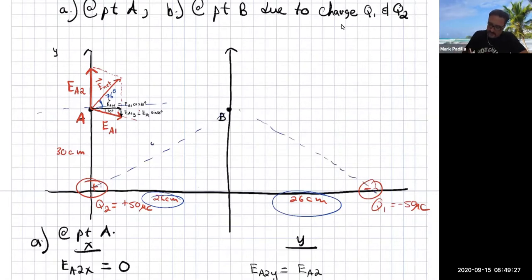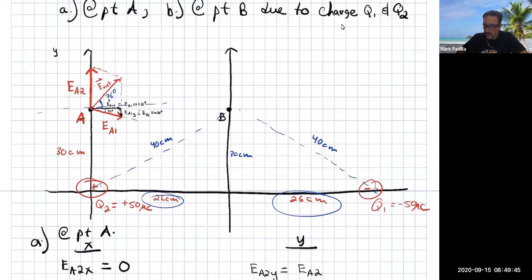If we use the Pythagorean theorem there, we would find those are 40 centimeters, right? So let's draw the vectors due to both of those.